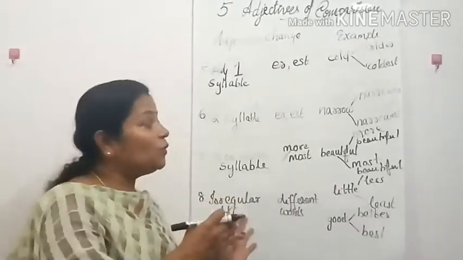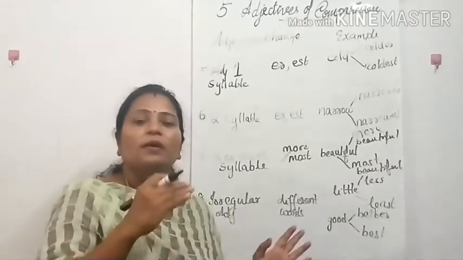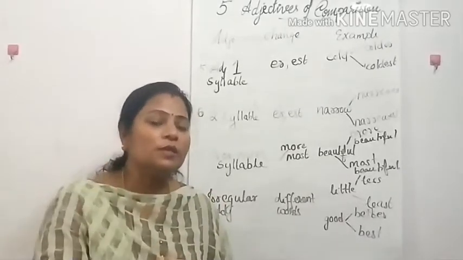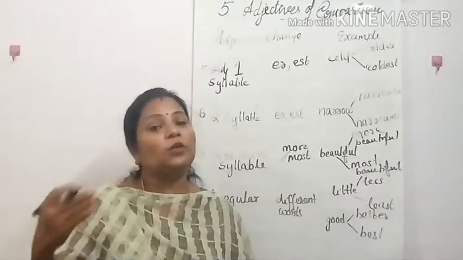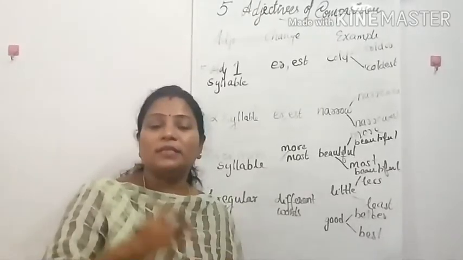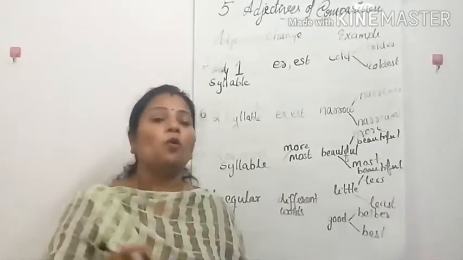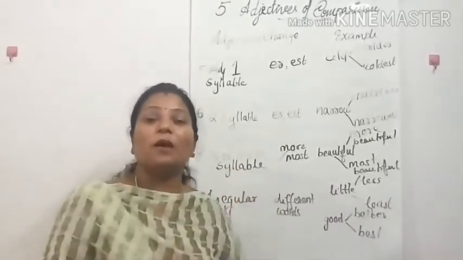So when you do the exercises, when you get the exercise, remember to see whether the comparison is done between two things or three or more things, and just read the question and see whether there is than over there or the over there. If it is than, then you have to use comparative.